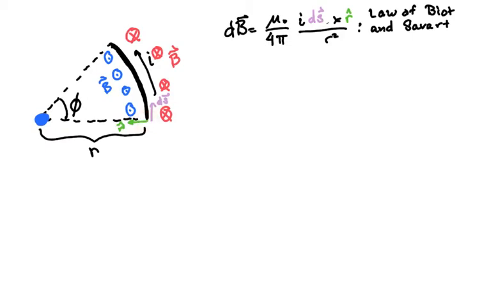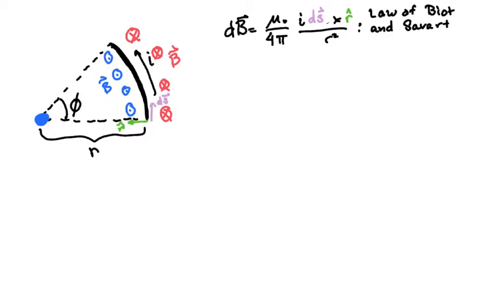The current in the wire in this tiny little path segment ds at a distance r away contributes a differential amount of magnetic field. And as we continue to add up the chunks of wire, they all contribute to the magnetic field at this point. And that's dependent on how much of a circular arc we have.